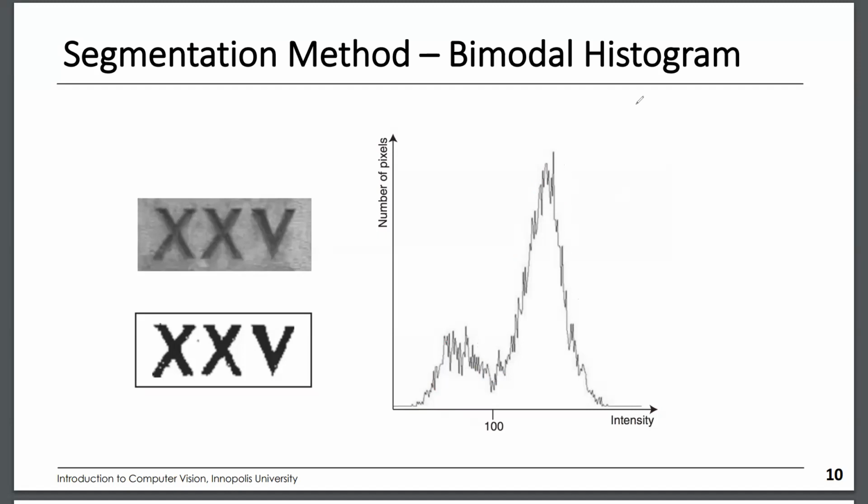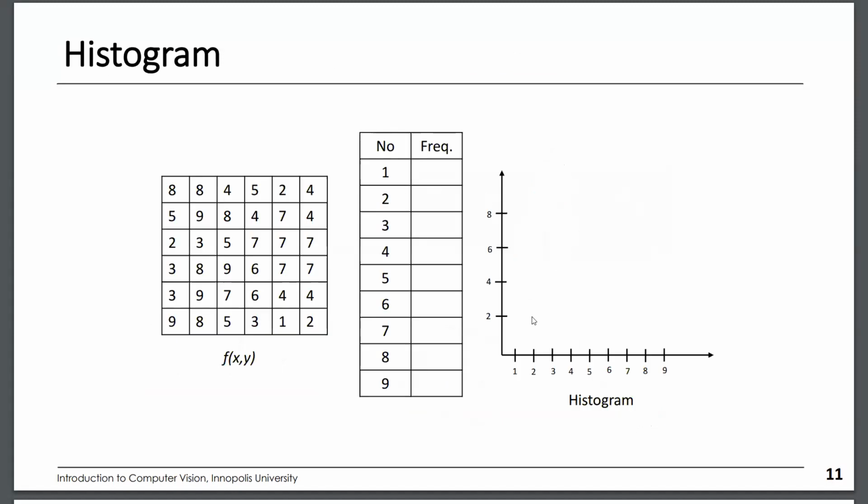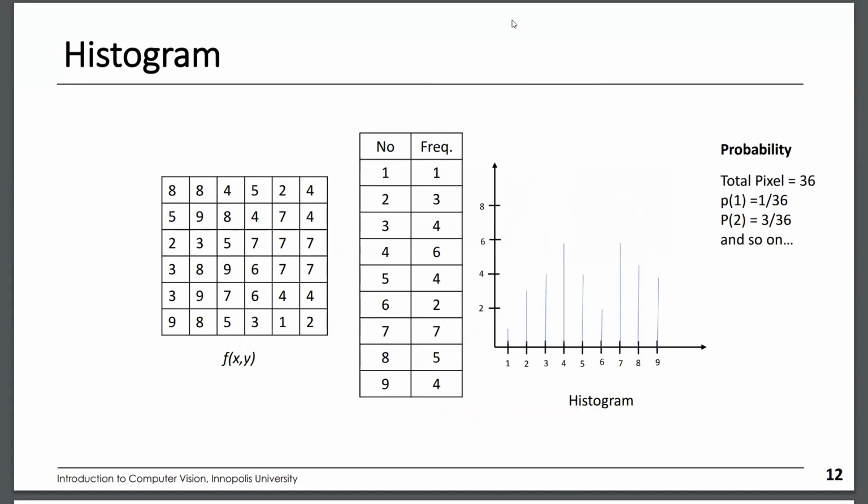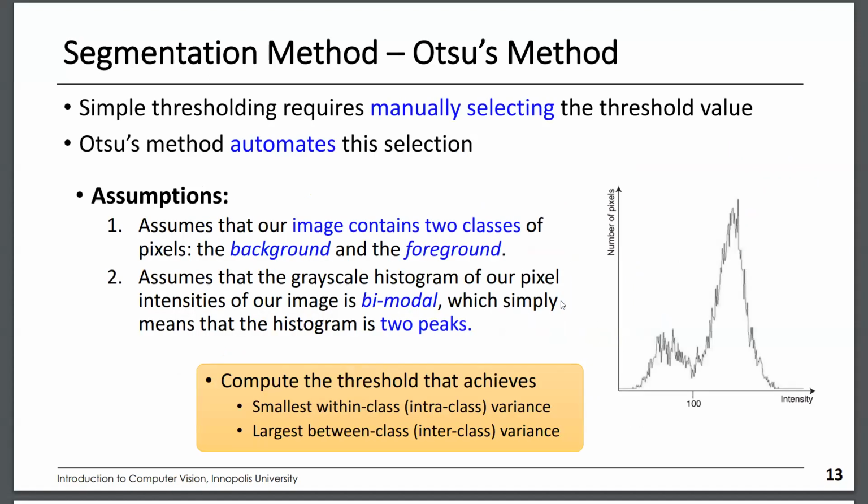This is why it was called a bimodal histogram. So it's kind of similar to the bimodal distribution. In this situation, we also had the same thing with two main peaks. In general, one of these two peaks would be our background, and the other is the foreground, depending on whether it's a white object on a black background or a black object on a white background.